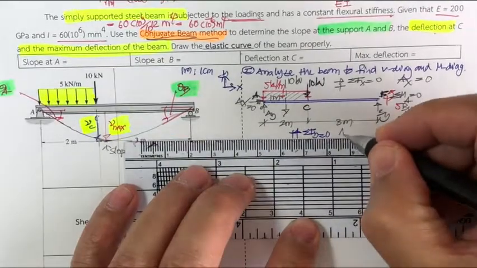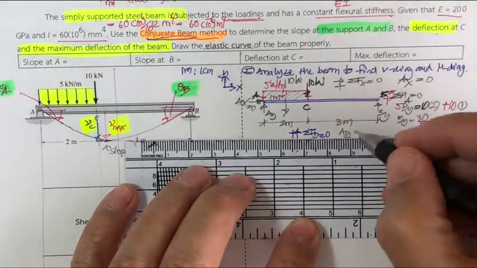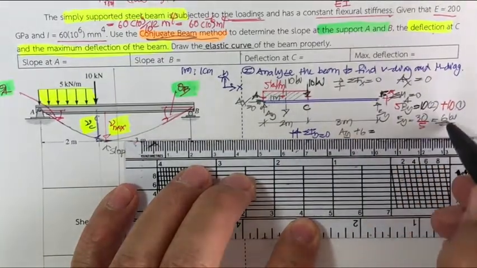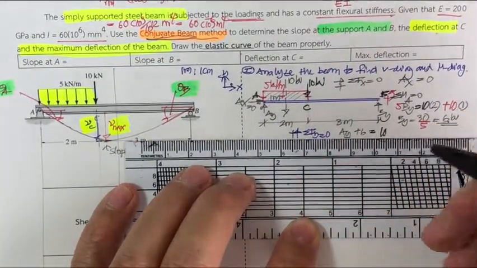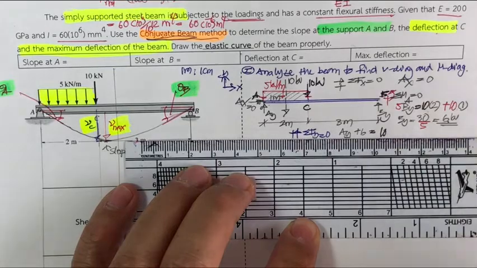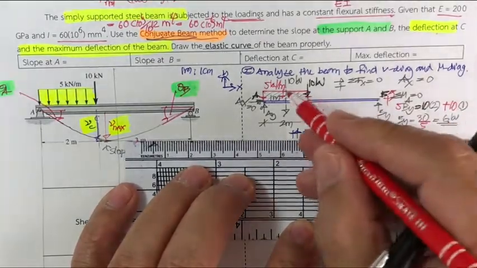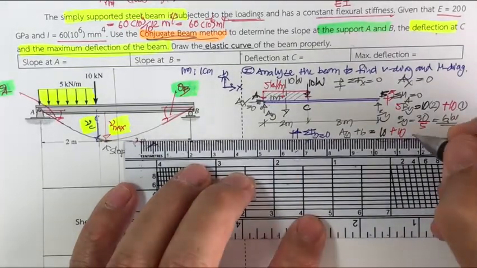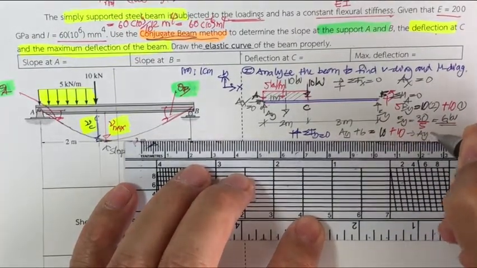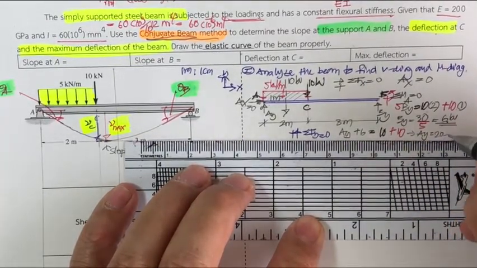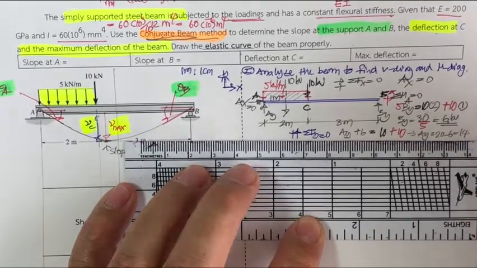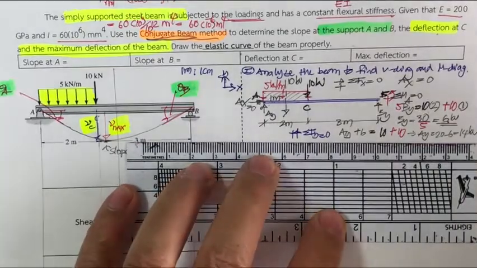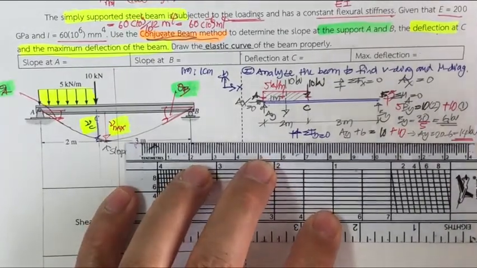So our A sub y plus 6 is going to equal, that's up, that is downward, the 10 and then another 10, because 5 times 2 is also 10. So by doing this, A sub y is going to be 20 minus 6, which is 14 kilonewton.